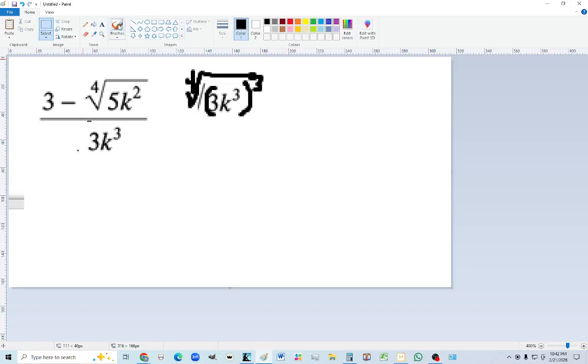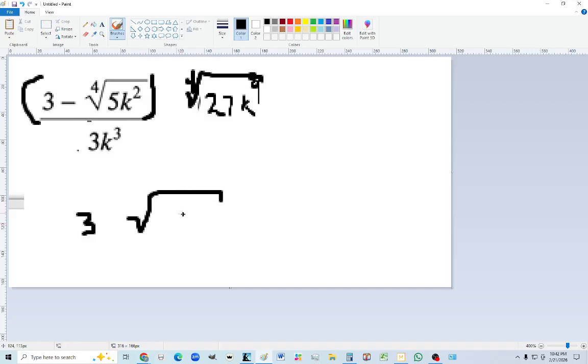So that just means that this becomes 27k to the 9. Well, when I distribute it by the top, it becomes 3. 27k to the 9.